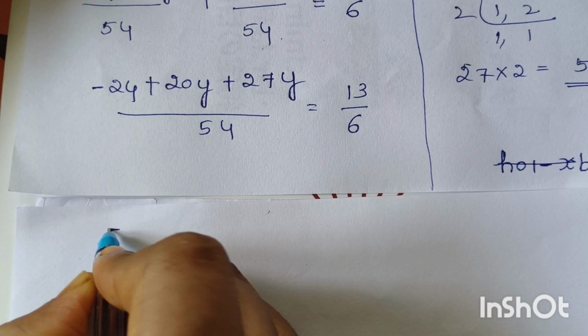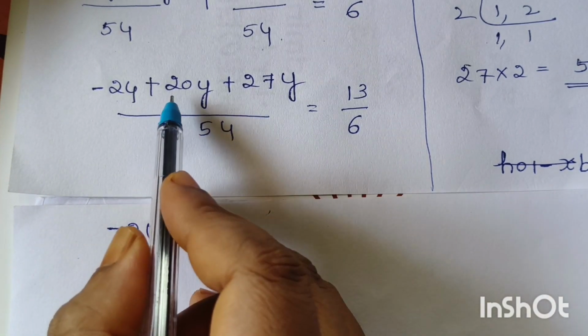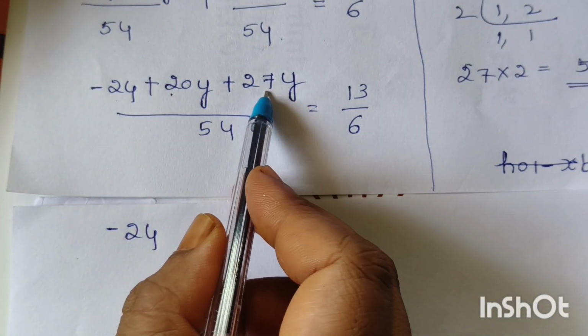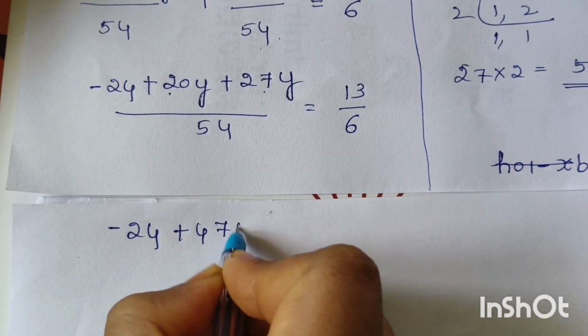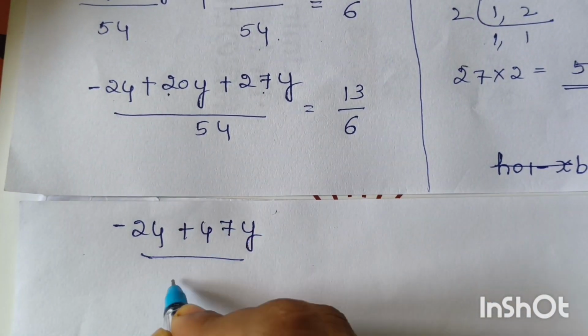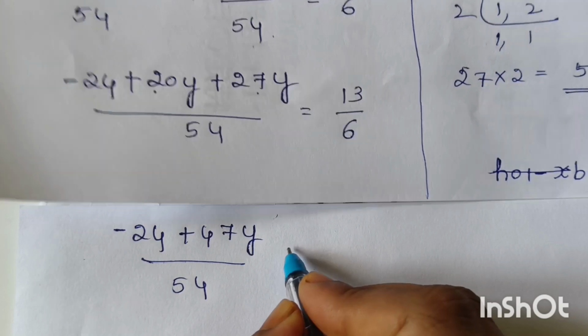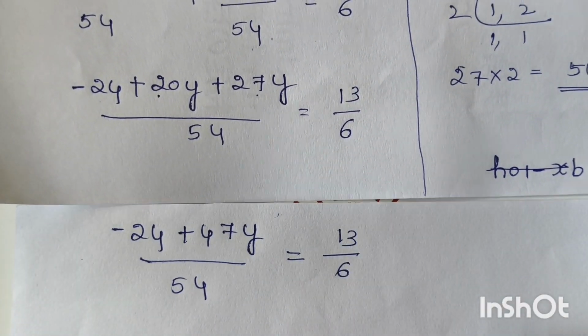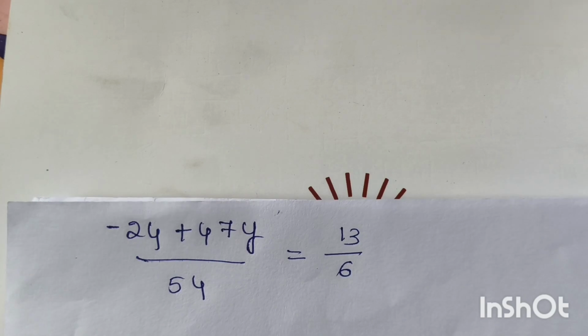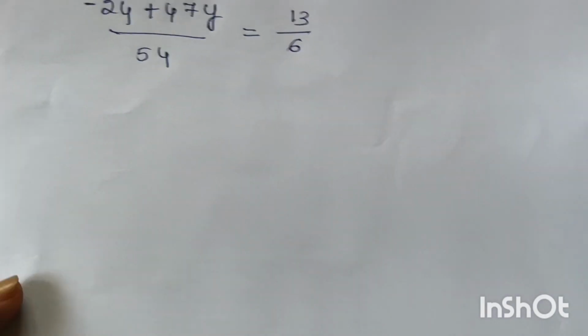Minus 24 plus 20y plus 27y is how much? 47y divided by 54 is equal to 13 by 6. Now let us simplify this to get the value of y.